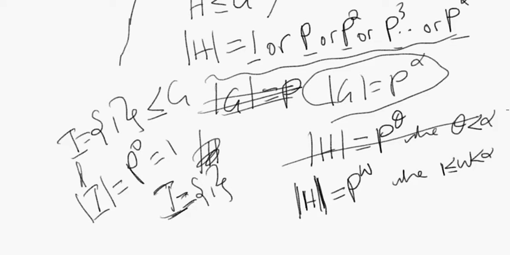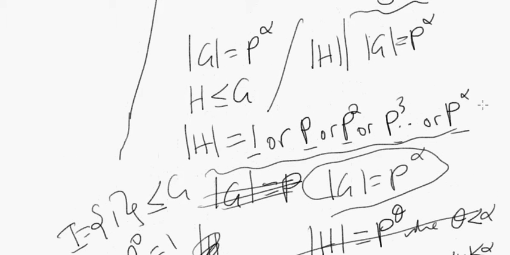For instance, in this case, if these are the only options, the order of H can be 1, p squared, p cubed, up to p to the alpha. Can we guarantee that there must be some subgroup H whose order is not p to the alpha, that is one of these options less than it?